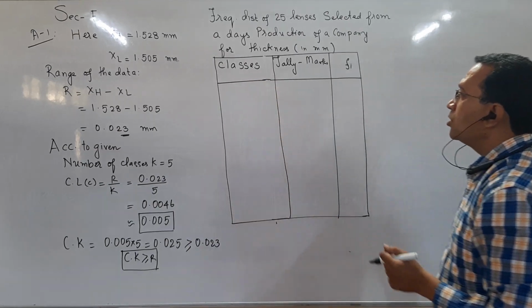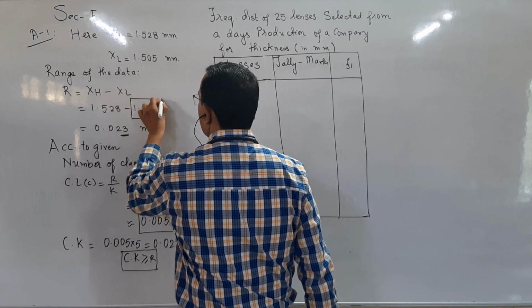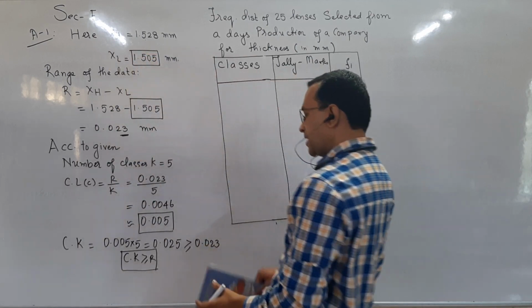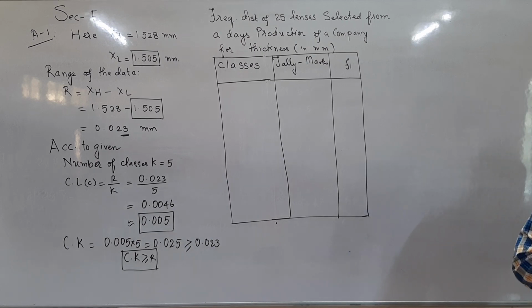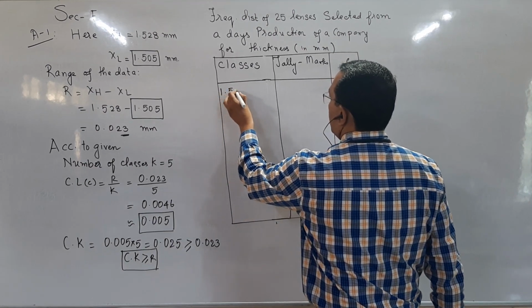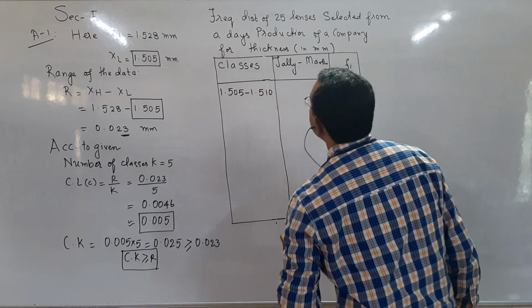Now, the minimum observation is 1.505. So we start from that itself, students, isn't it? So 1.505 to 1.510. As such, there are no instructions, so we'll go for exclusive classes, 1.505 to 1.510.